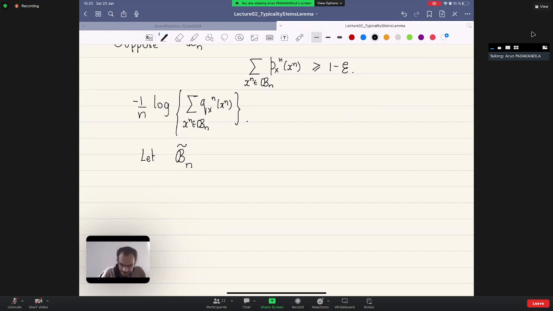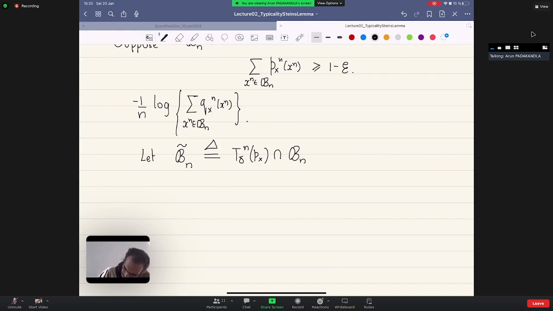That's the idea. So let B tilde n be defined as T delta n Px intersected with the Bn that he comes up with intersected with my set. I know something about B tilde n. That's the whole idea. And now I know the following.